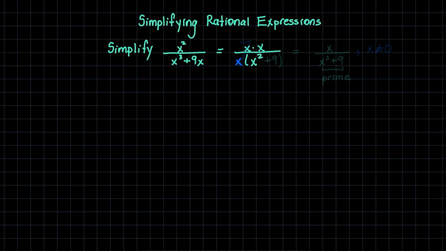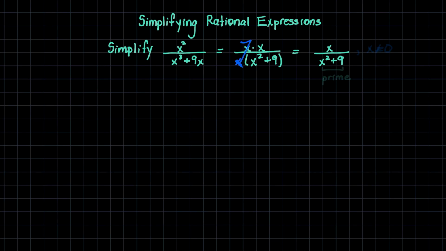And 9x divided by x is 9. Both our numerator and denominator have a common factor of x, so that simplifies to 1. And that leaves us with x over (x squared plus 9).